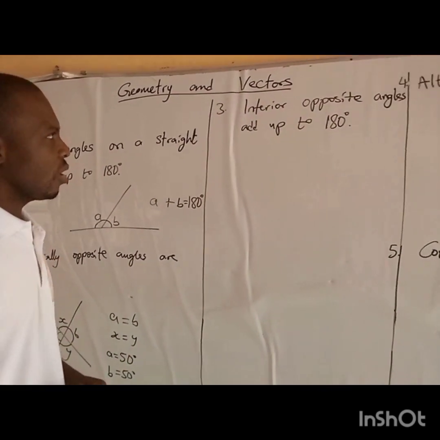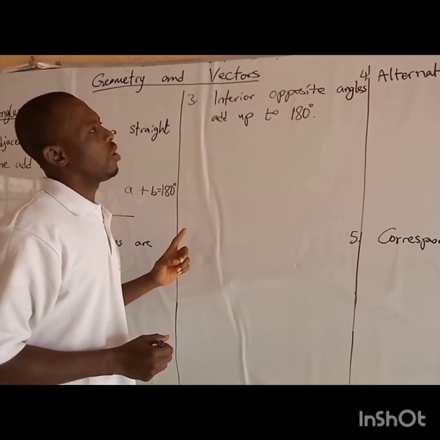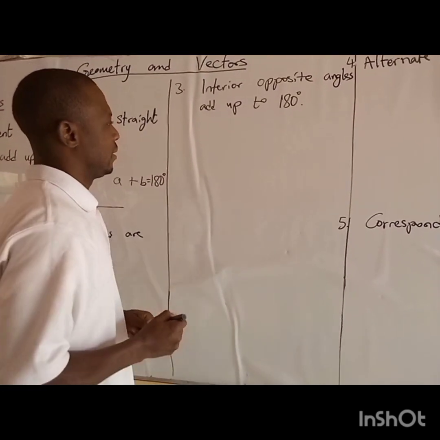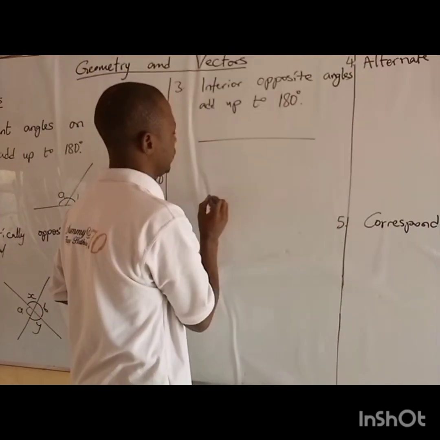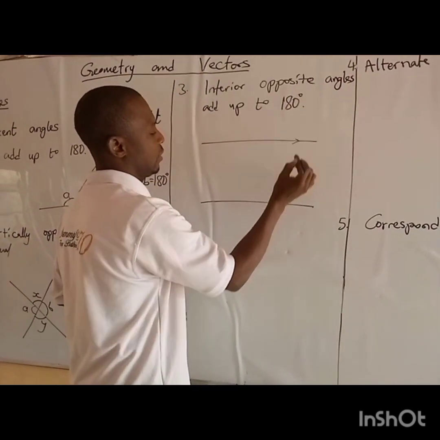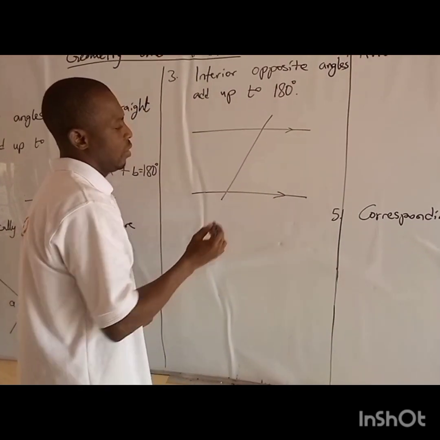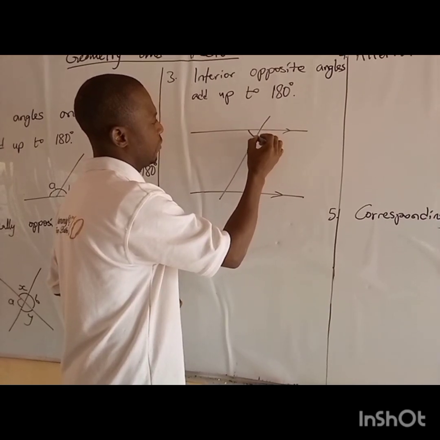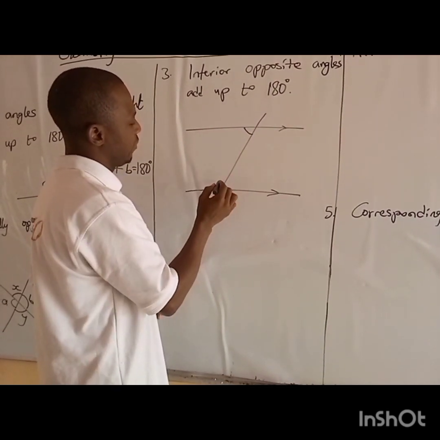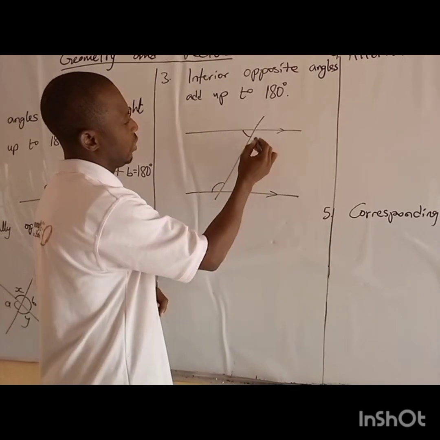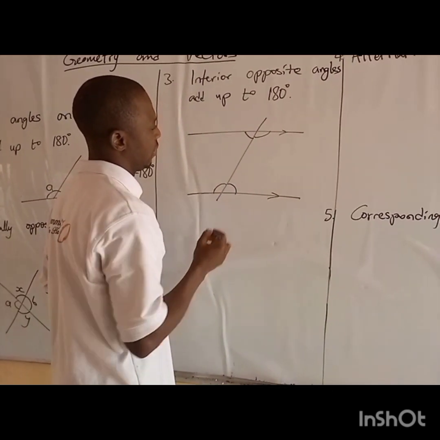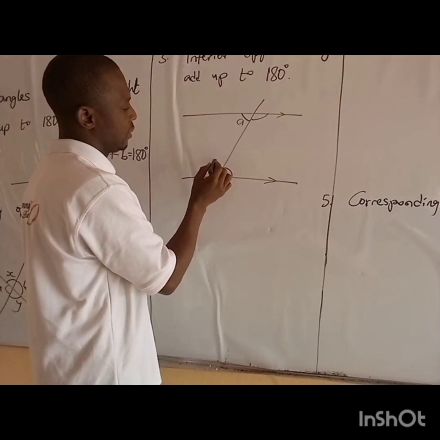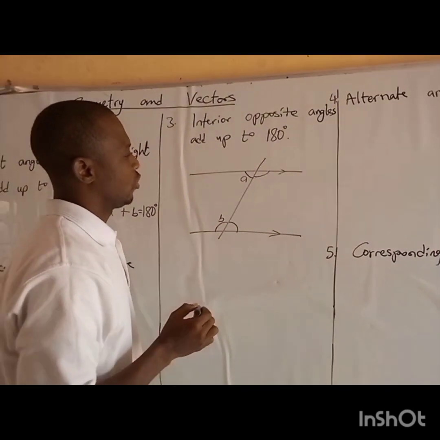Now, number three says interior opposite angles add up to 180. That means if we have two parallel lines and then one line crosses the two of them, if we have an angle here and we have an angle here, we also have another angle, we also have an angle here, it means this angle and this angle will add up to 180.